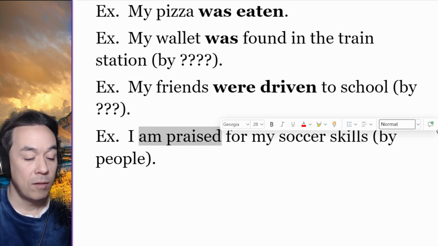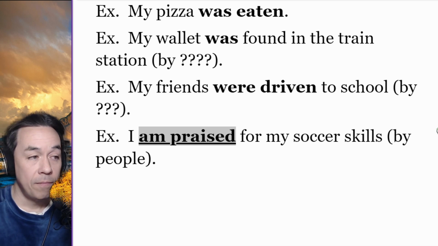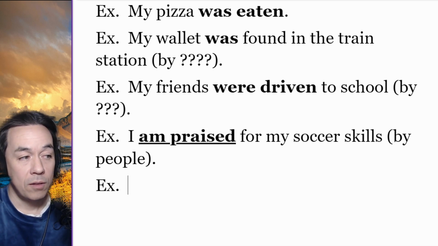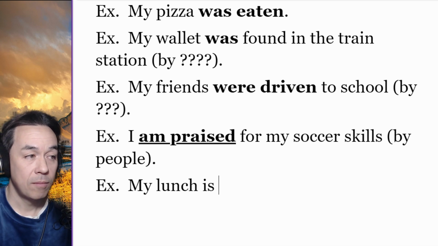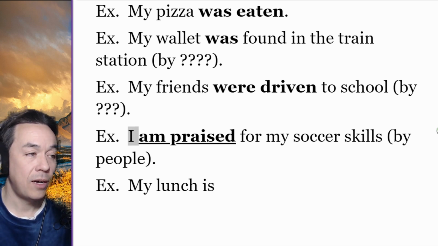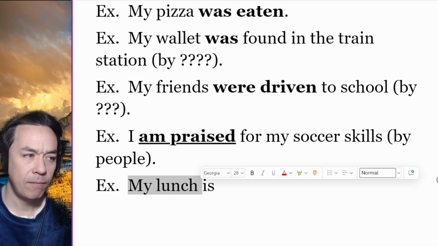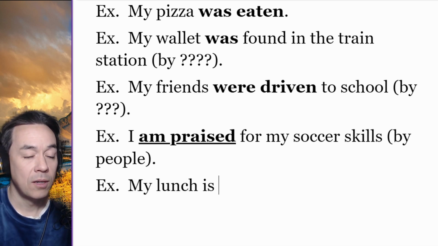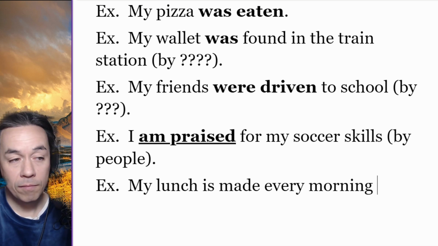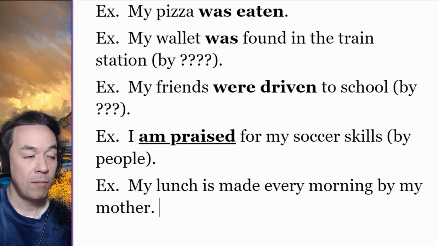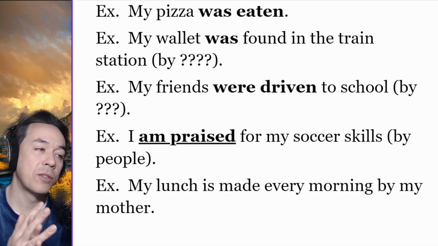Okay. And I got one more. Let's say my lunch. Another present tense, right? So that gets am. My lunch is the third person, and it's single, so it is made every morning. And we'll say by my mother, for example.